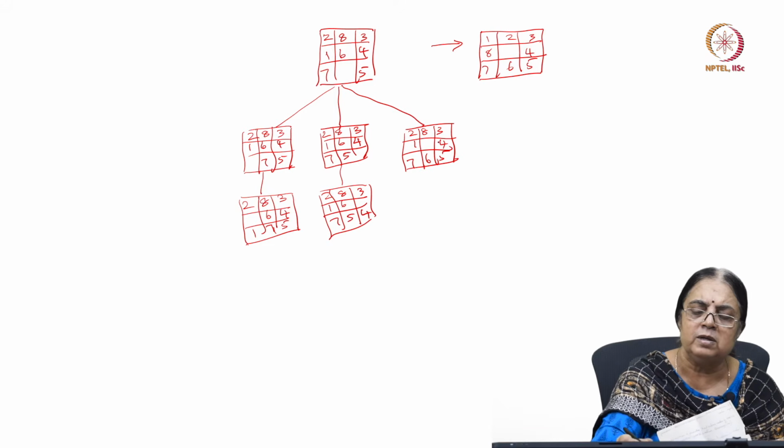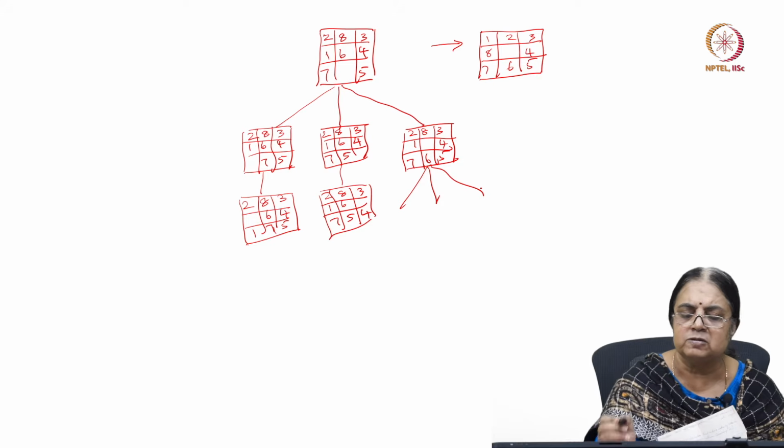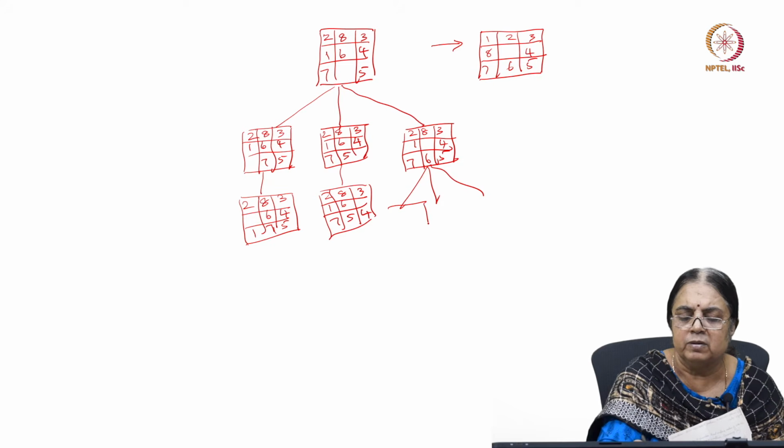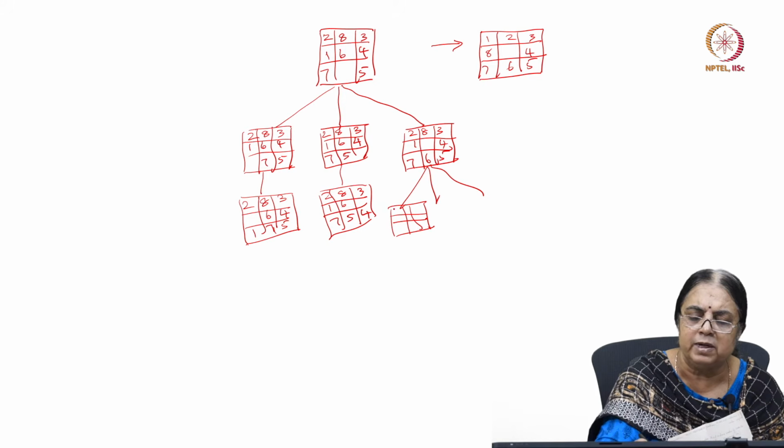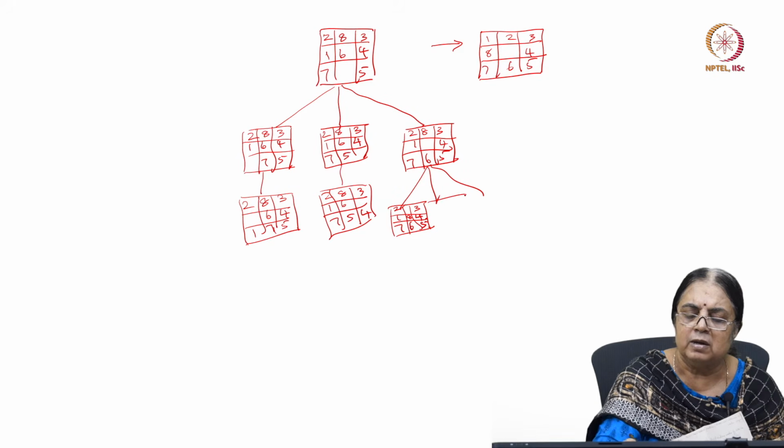And this one there are three ways, so you will get 3 nodes from this. If you move the blank to the top, you will get 2, 3, 1, 8, 4, 7, 6, 5.